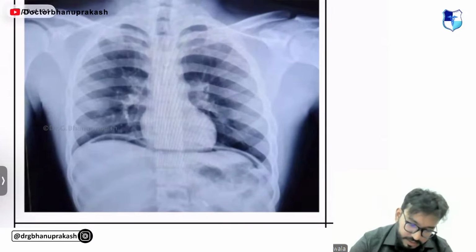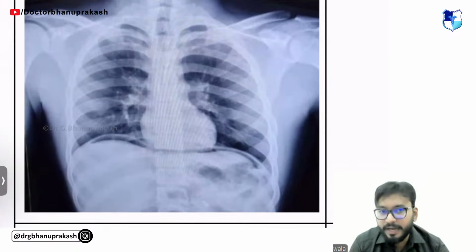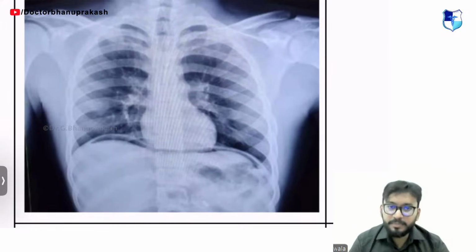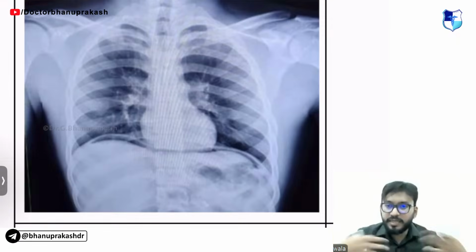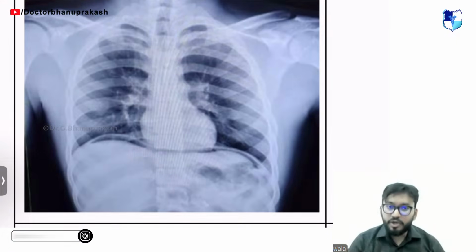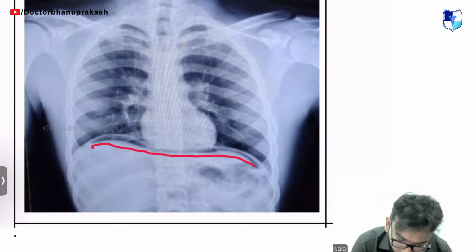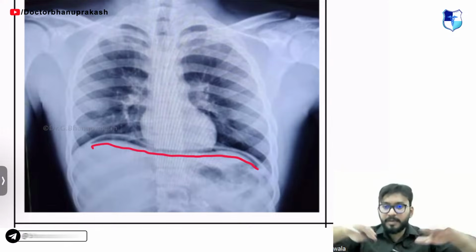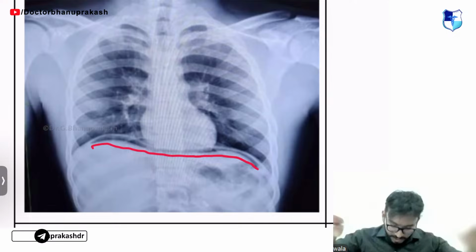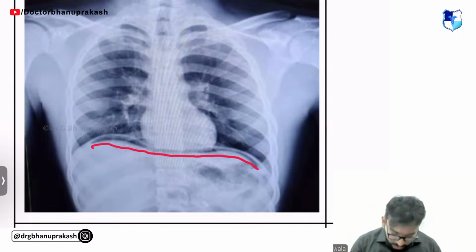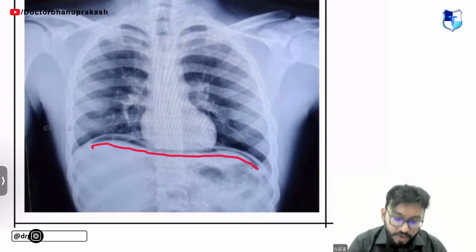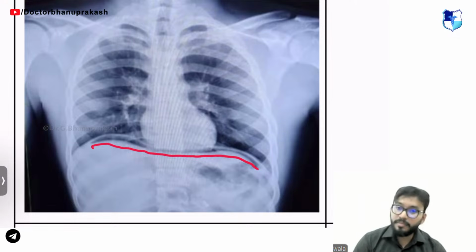Pneumomediastinum, guys. Look at this. Pneumo means air. Mediastinum is, of course, the mediastinum where your heart resides, including the anterior, middle and posterior mediastinum. What is the sign called? Do you see that the diaphragm has become continuous? There's continuous air along the diaphragm. This is known as the continuous diaphragm sign. This is a sign of pneumomediastinum, air in the mediastinum.